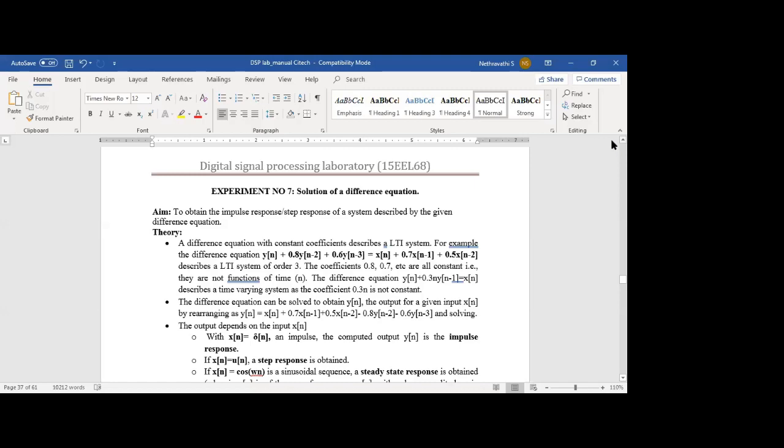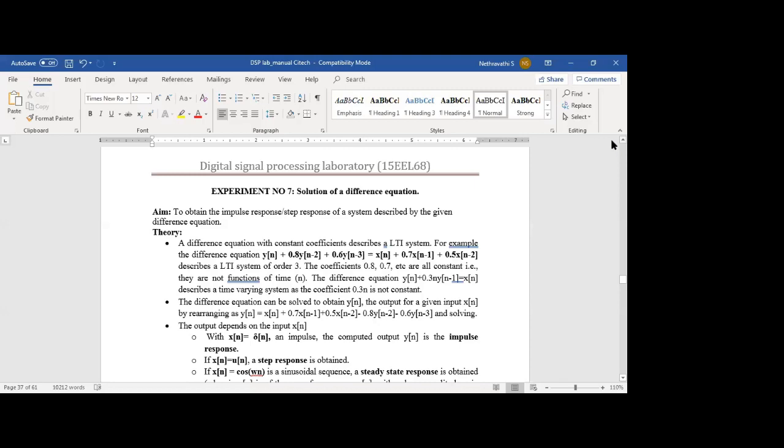But if you see the next example, the difference equation y of n plus 0.3 into n into y of n minus 1 equals x of n. What is that n here? It is a multiplication factor which varies with respect to time, since here we are taking time as n itself. So the 0.3 times n is not a constant, it is varying. In the first equation, all the coefficients were constant. The second is also a difference equation, but it describes a time varying system.